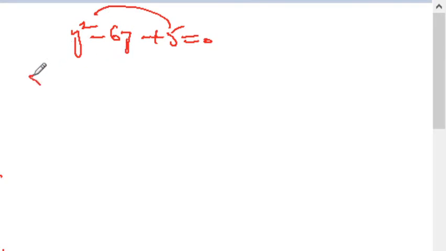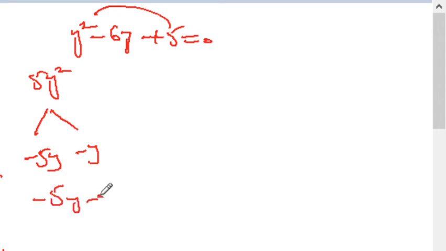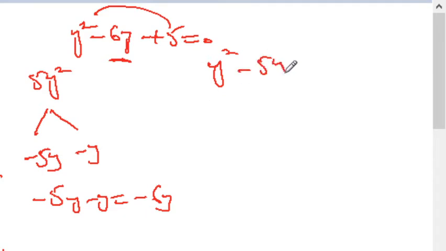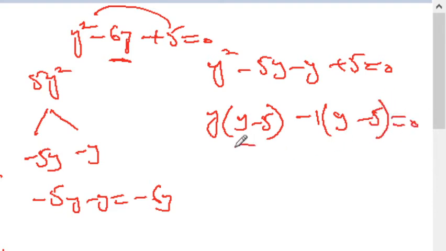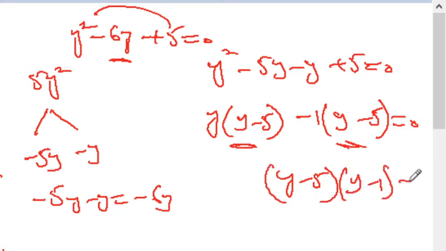Multiply the last and the first: 5y square, then minus 5y and minus y. If I multiply them I get 5y square, and if I add them, minus 5y and minus y is minus 6y. Now replace minus 6y with minus 5y minus y. So y minus 5 and minus 1 times y minus 5 equal to 0. Now this is common, so y minus 5 into y minus 1 equal to 0.